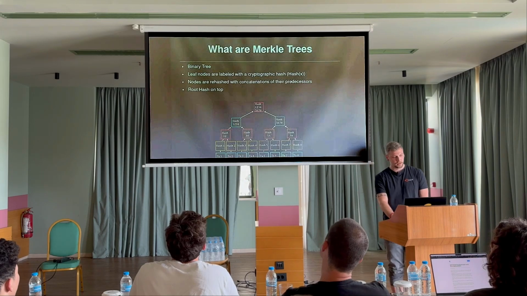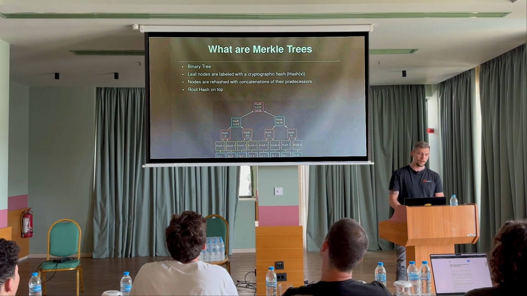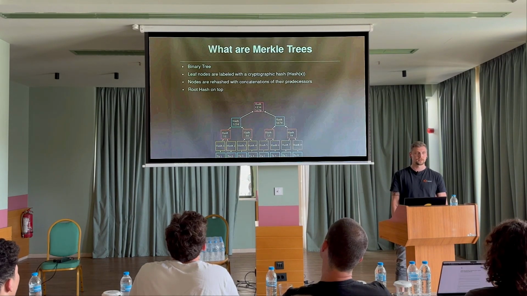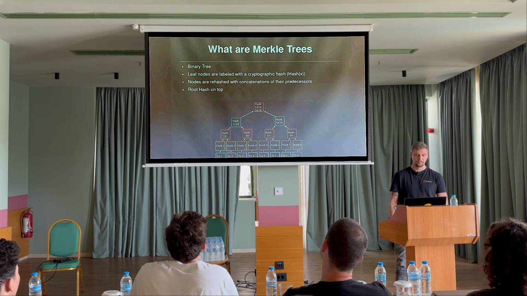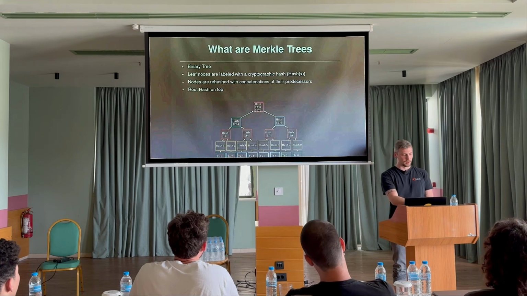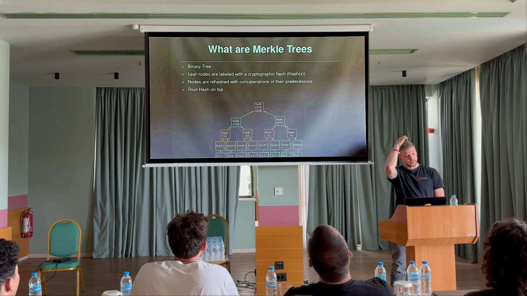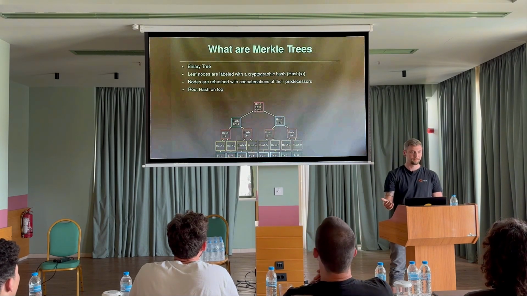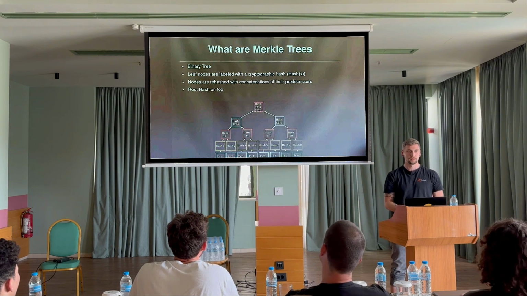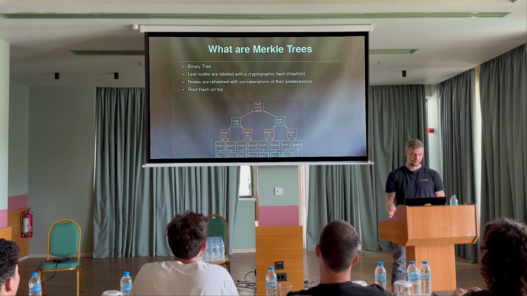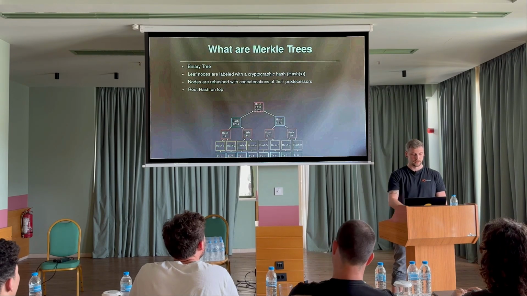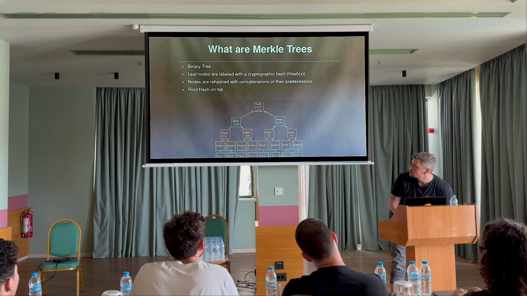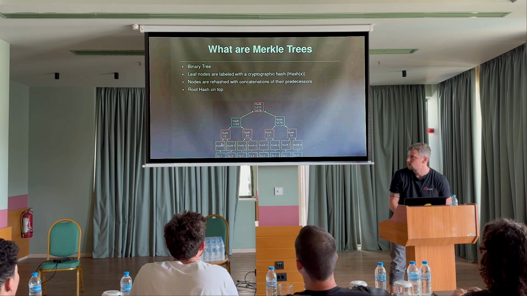So let's look at how a tree is built. The basic data structure is a binary tree. Here at the bottom we have transactions, and this is our data. We hash each piece of data, so we end up with the hashes in the lowest row.